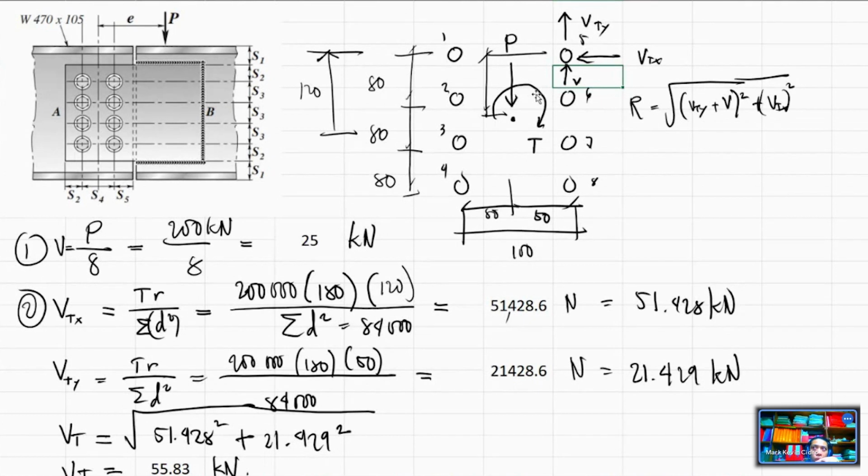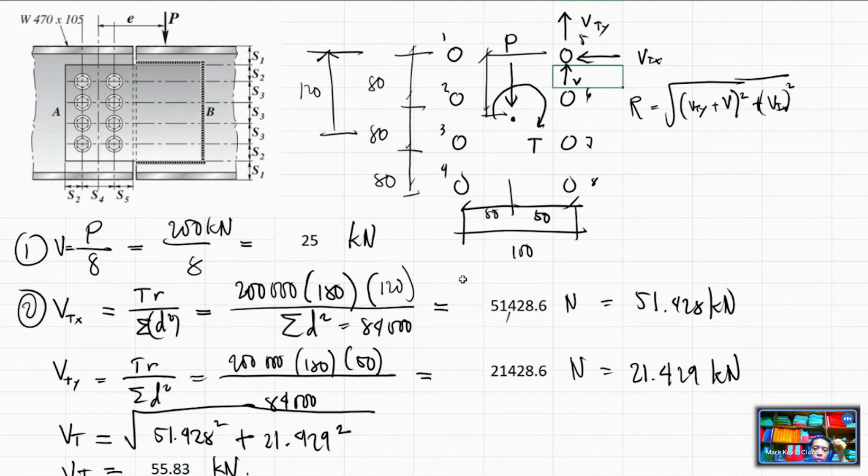So the farther from the centroid, the greater the force it experiences. Take note, there are four forces on the bolt. Although bolts number 1 and 4 are far, some of their forces will oppose each other and cancel out. That's why bolts number 5 and 8 are more stressed.